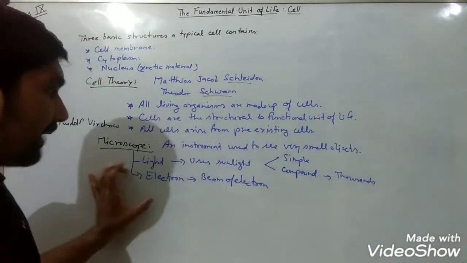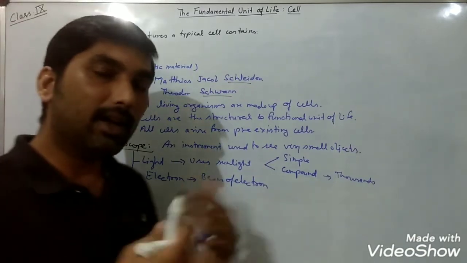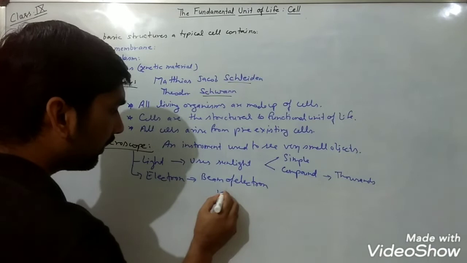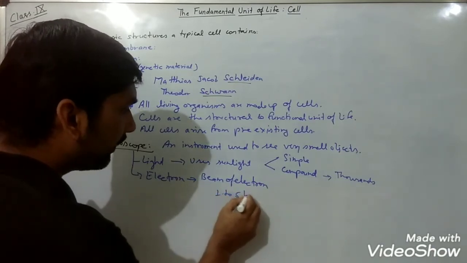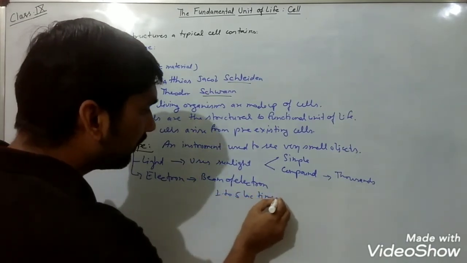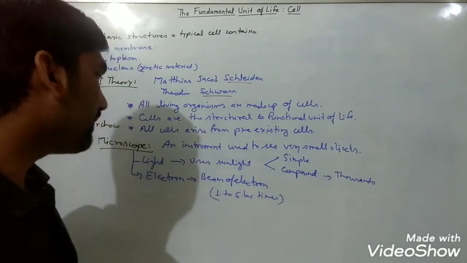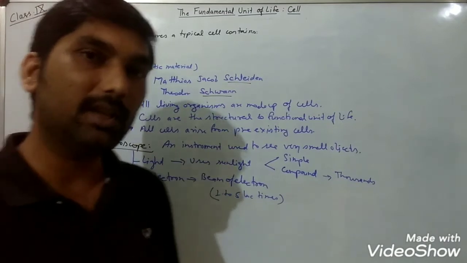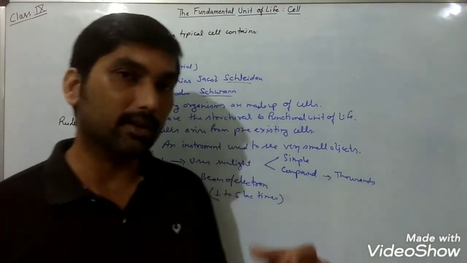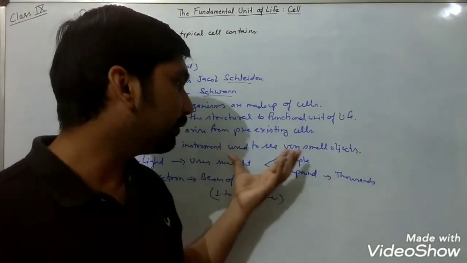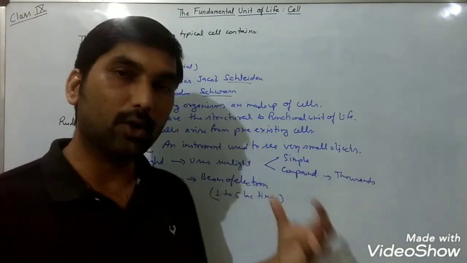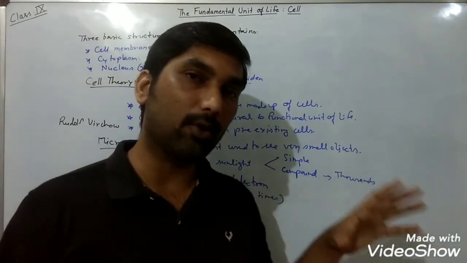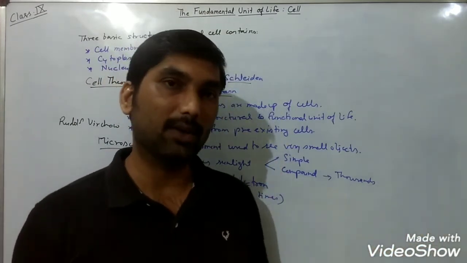When we talk about the electron microscope, it can enlarge the image of any object 1 to 5 lakh times. It can enlarge the image of any small object which we are willing to see, what their structures are, and that's why these microscopes are used nowadays, so that we can have an idea about all the microorganisms present in our surroundings.